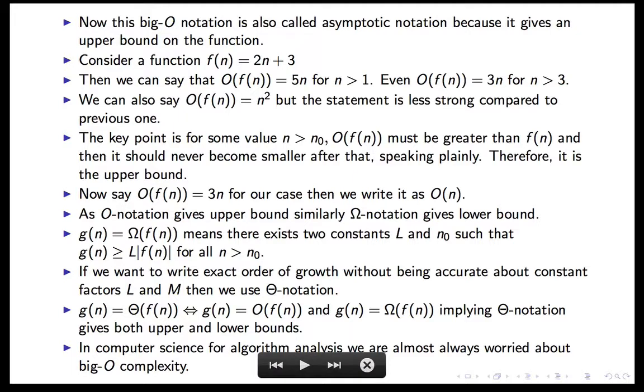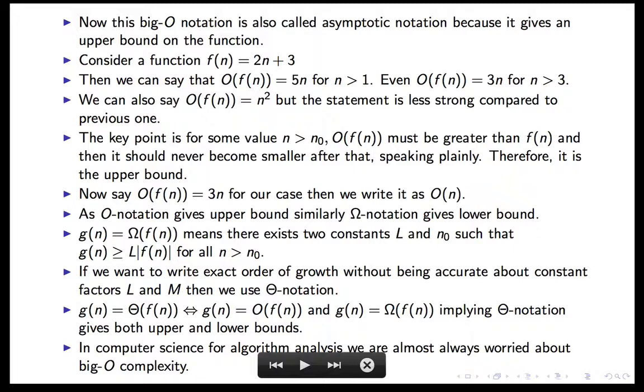This notation is called asymptotic notation because it is the upper bound on the function f(n). Now consider a function f(n) equals 2n plus 3. Then for all n greater than 1, big O of f(n) equal to 5n will be an upper bound. Why? Because when n is 1, f(n) will be 5.